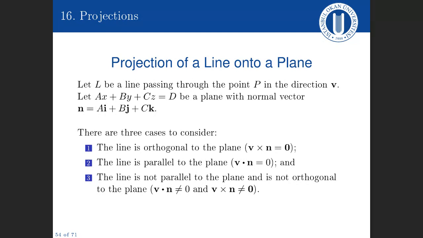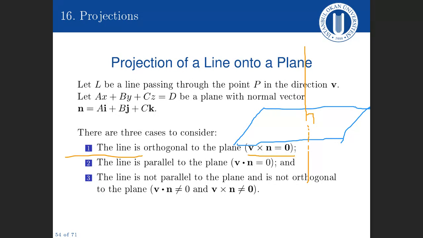The line is orthogonal to the plane. So if I draw a quick picture, here's my plane. And my line goes like this, where we have a 90-degree angle between the line and the plane. We know we have this case if v cross n is equal to the 0 vector.